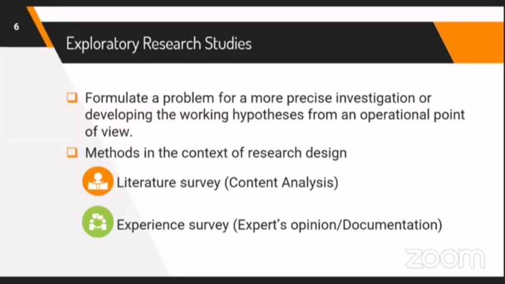Most of the time we are collecting information from secondary data. The formulative or exploratory type of research focuses mostly on the literature survey, which some researchers call the literature review.